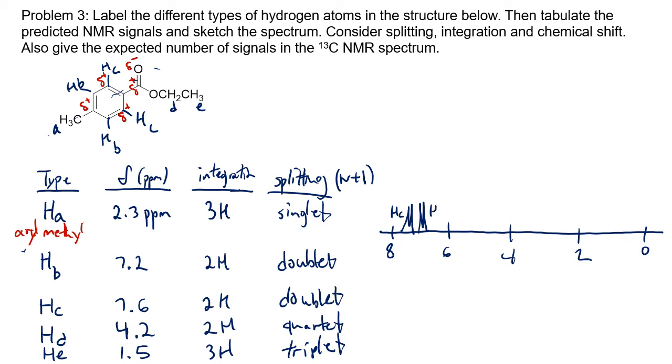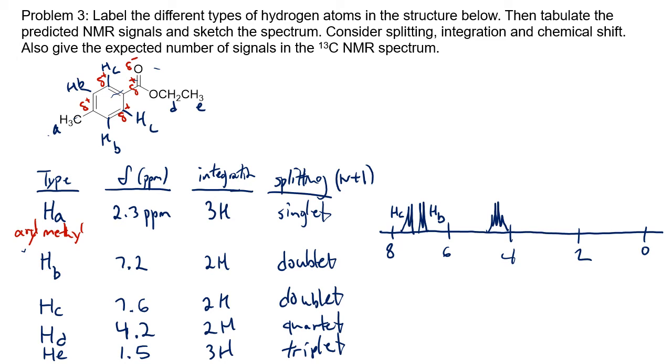HC, this is HB. All right, and then the next signal going down is HD, showing up around 4.2, and that's a quartet. That's above 4. Okay.